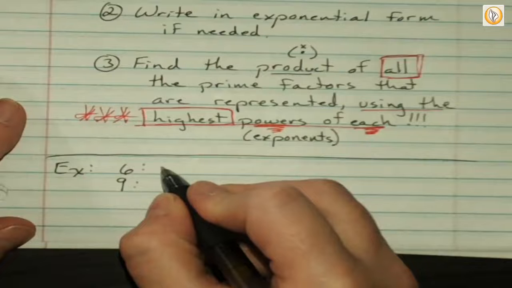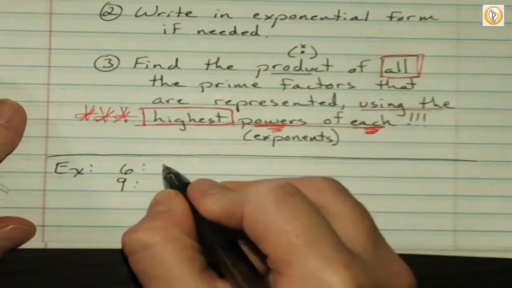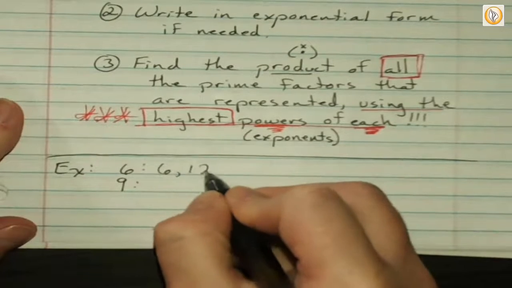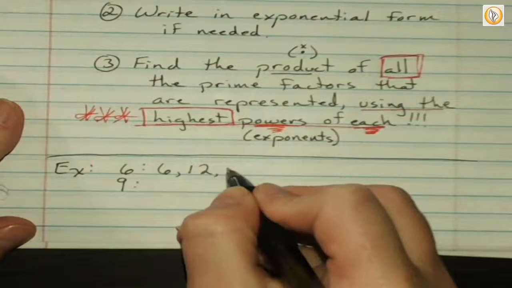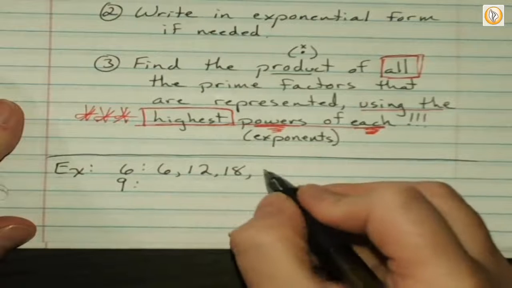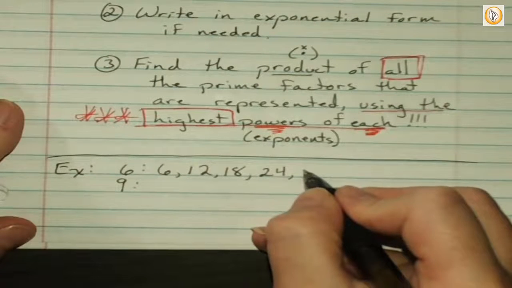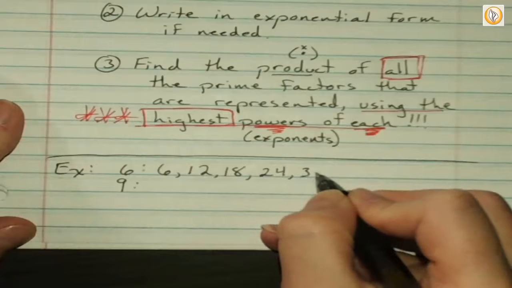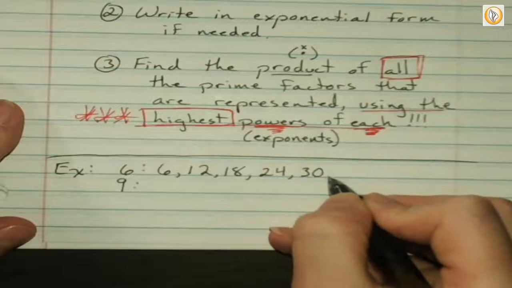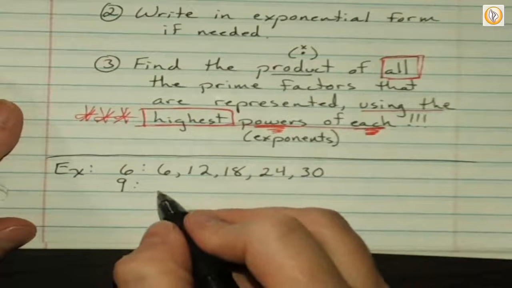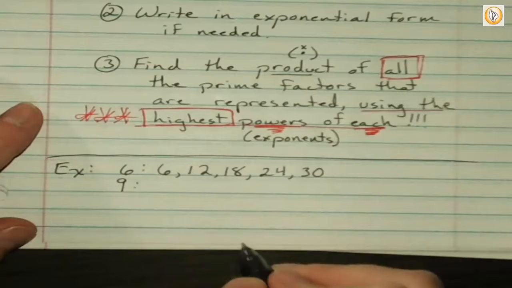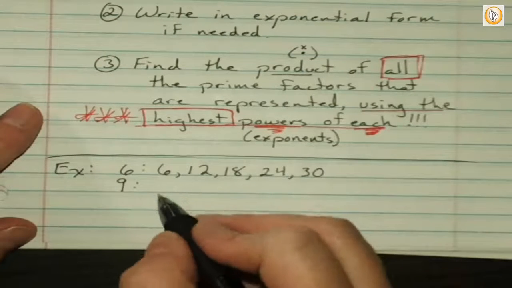Give me 5 multiples of 6. 6, 12, 24, no, 18, 24, what's 5 times 6? Oh, 30. There you go.